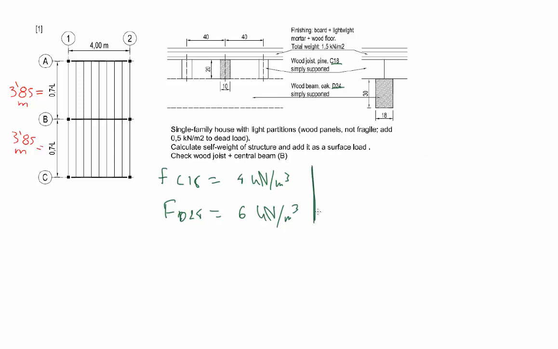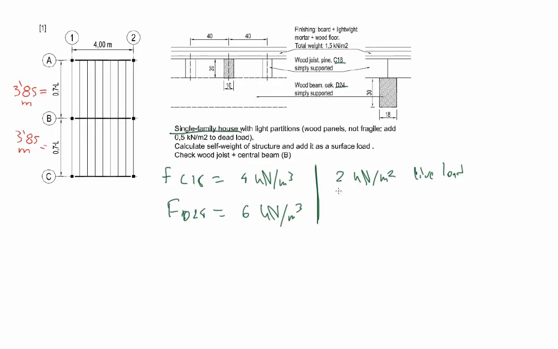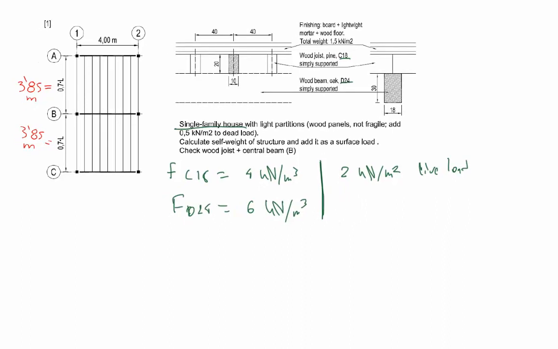Another thing we need to know is that for a single family house, according to some code, you should add 2 kilonewtons per square meter as the live load. That's used for calculation, and these are the only numbers we need for now, at least.